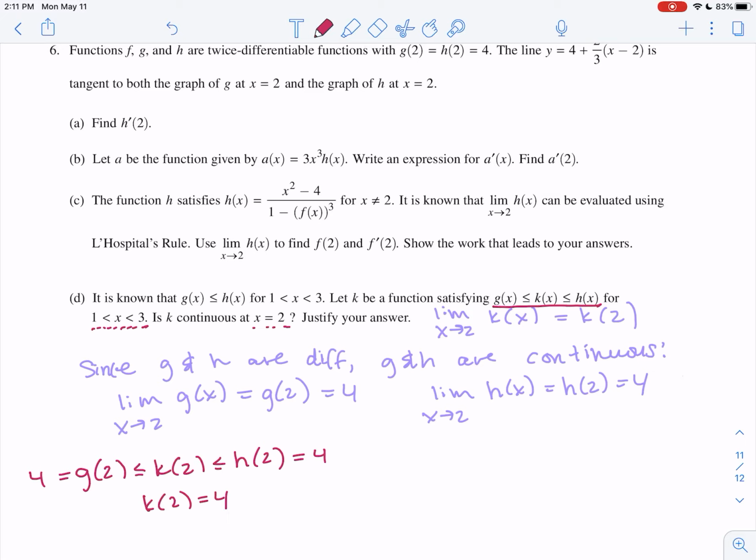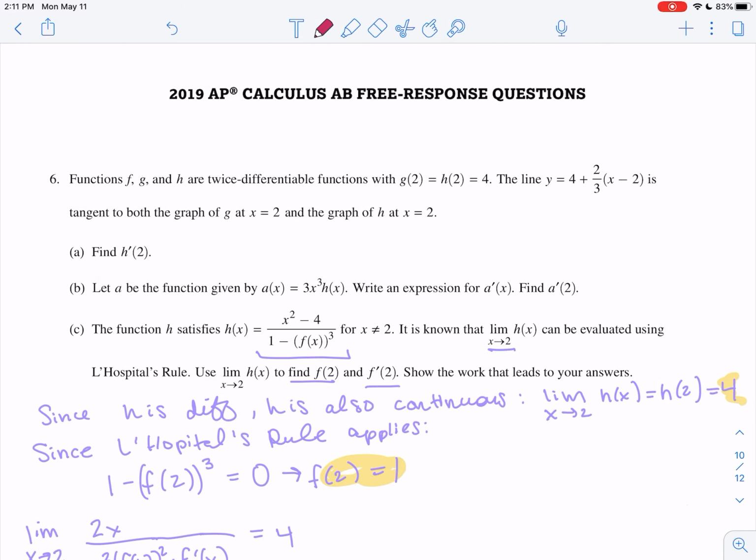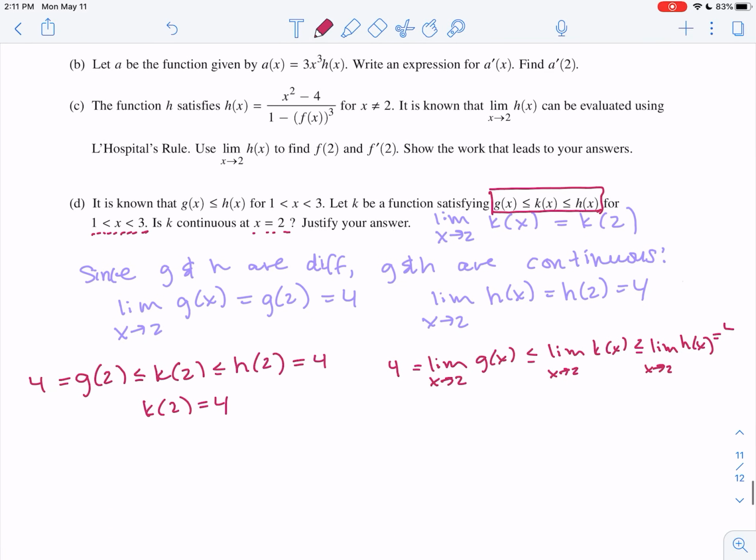Okay, now let's do the same thing with the limits. So I'm going to take this inequality again and just put the limit as x approaches 2 for each of them. So I've got the limit as x approaches 2 of g of x has to be less than or equal to the limit as x approaches 2 for k of x, has to be less than or equal to the limit as x approaches 2 of h of x. Well, again, that was 4, this limit was 4, and this limit was 4.